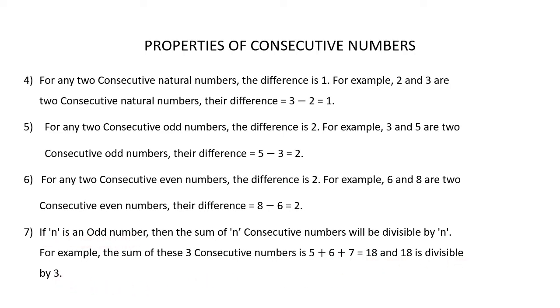If n is an odd number, so here we have three numbers, 5, 6, and 7, and 3 is an odd number, then the sum of n consecutive numbers will be divisible by n. So the sum of three consecutive numbers will be divisible by 3. The sum of three consecutive numbers 5, 6, and 7 is 18, and 18 is divisible by 3.